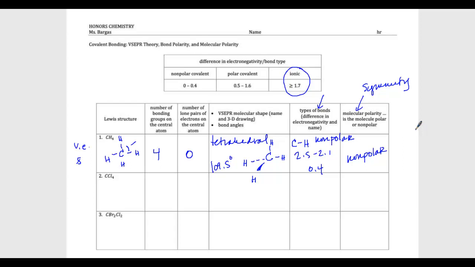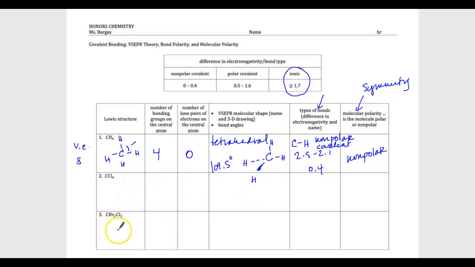Okay? So we have nonpolar covalent bonds. The difference in electronegativity is 0.4. The molecule polarity is nonpolar because the electron density in the molecule itself is considered symmetrical.